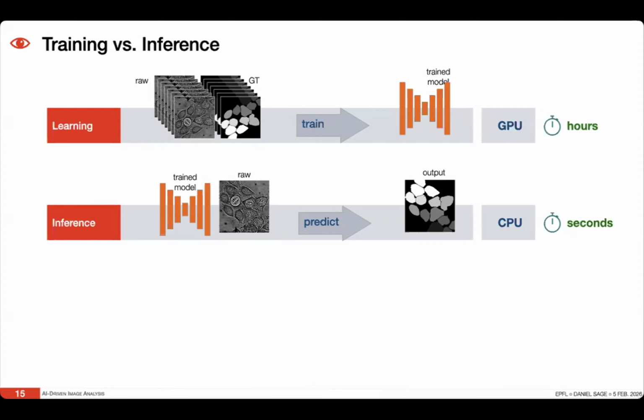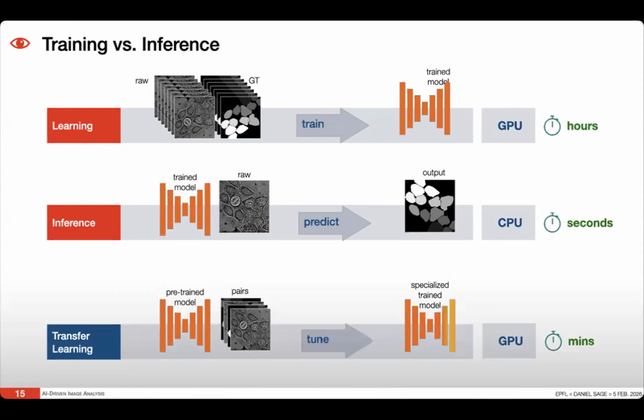There is another way to see the training, which is what we call transfer learning. In that case, you try to find a pre-trained model, something that already exists in your field, in your domain, and you just add a few pairs of images.